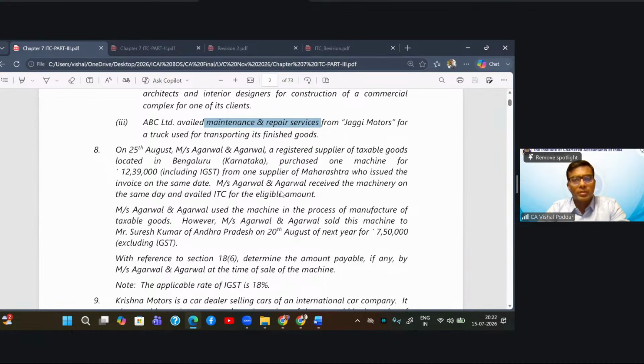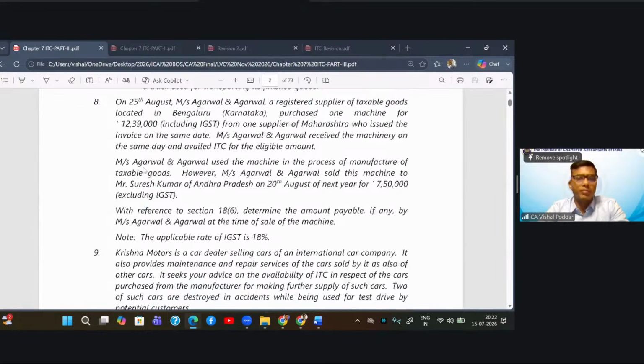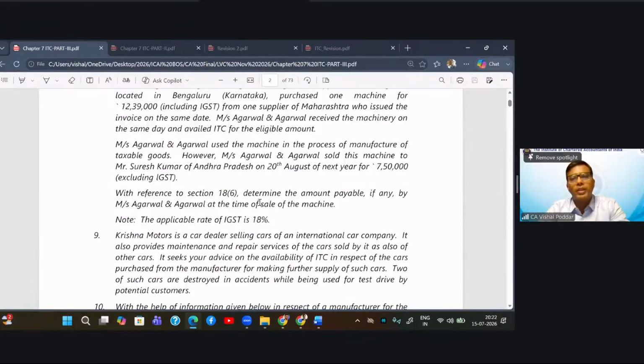Messrs. Agrawal and Agrawal received the machinery on the same date and availed the ITC. I think this type of question we have done. But Messrs. Agrawal used the machinery in the process of manufacture of taxable goods. However, Agrawal sold this machine to Suresh on 20th August of the next year for 750 excluding IGST. With reference to 18(6), determine the amount payable, if any, by Agrawal and Agrawal.